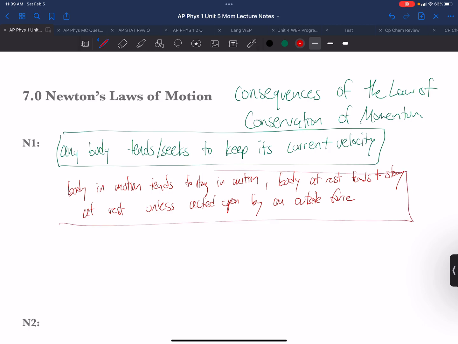That's what every school child will tell you. They may not be able to tell you what it means, because what it means is this: any body wants to keep its current velocity, period. That is the statement of Newton's first law. It is the law of inertia.